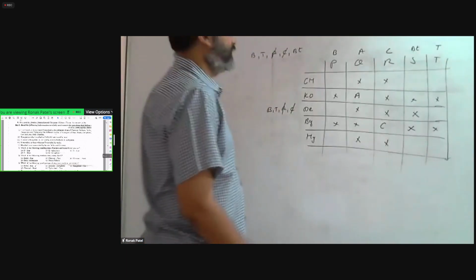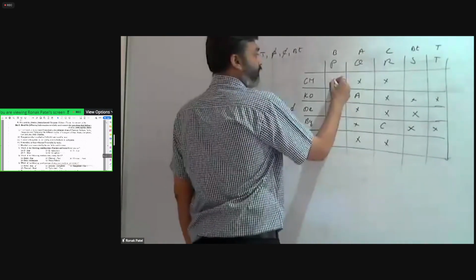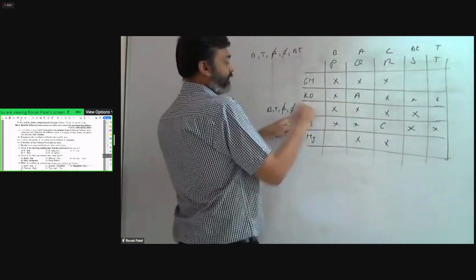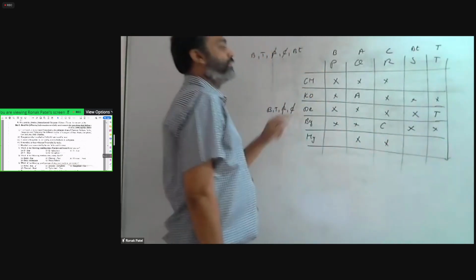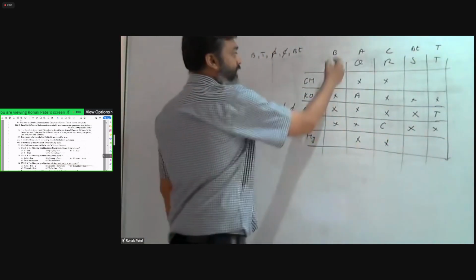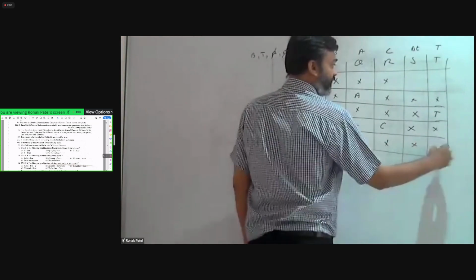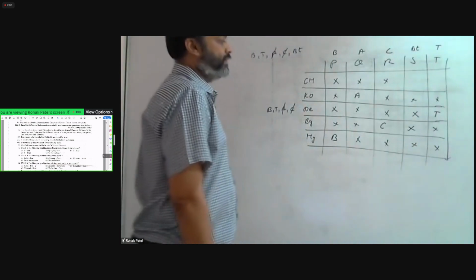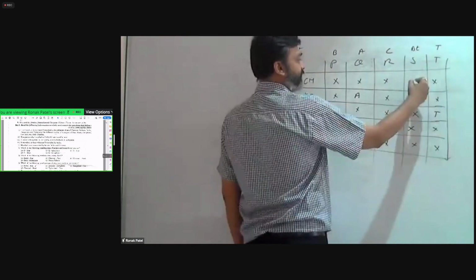So to Delhi and Chennai, you cannot go by bus. Now Delhi is only left with one option, that is train. Here only bus is left. When you got this information, I'll cut the remaining information. Clear? So only one is left. That means this is both.